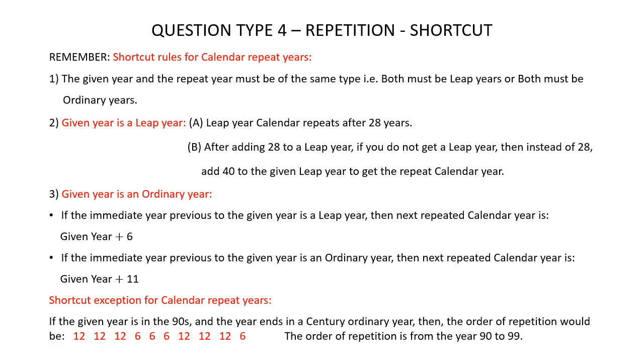This order of repetition is for the years starting from 90 to 99. Please remember these shortcut rules and shortcut exception, which will make solving problems on repetition of calendar years very easy.